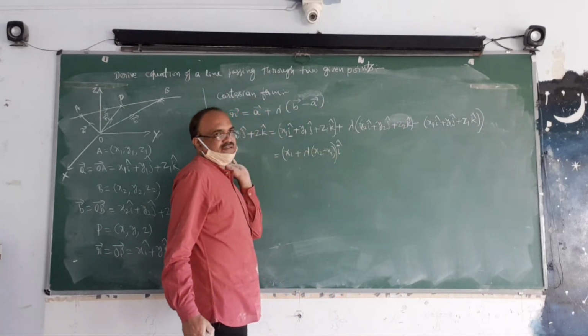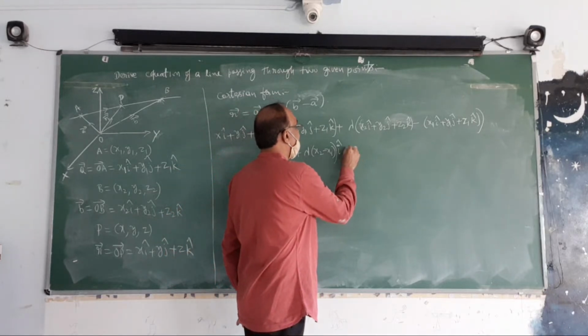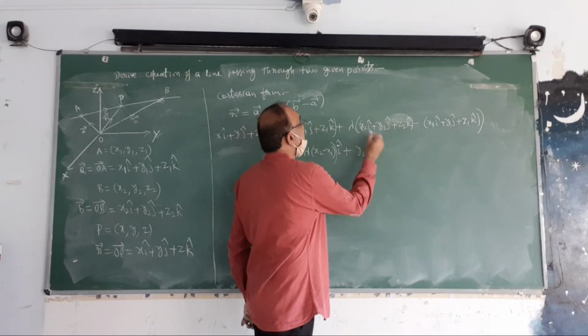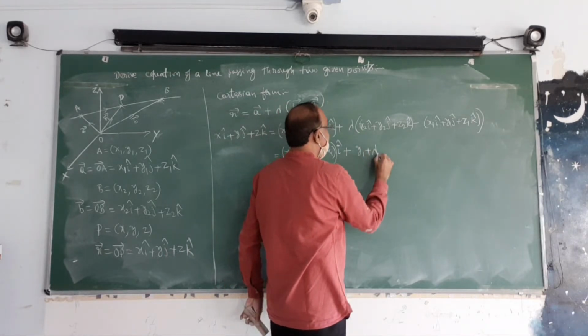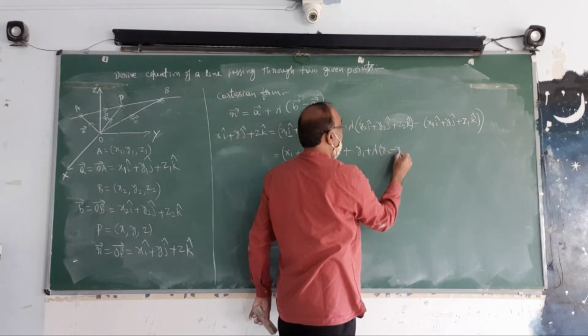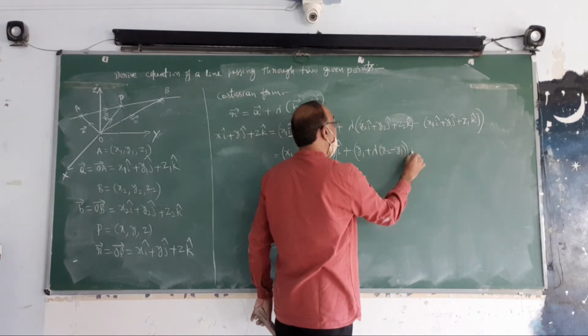I am taking common from all of this. Next, y1 plus lambda times y2 minus y1. This whole is the j component.